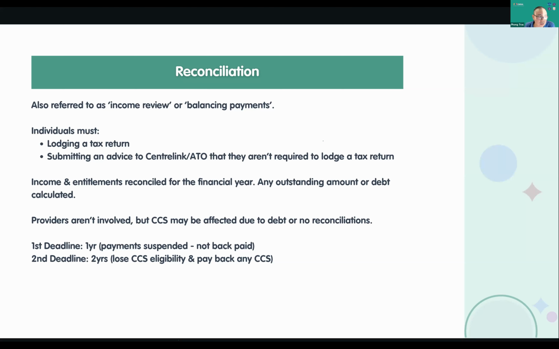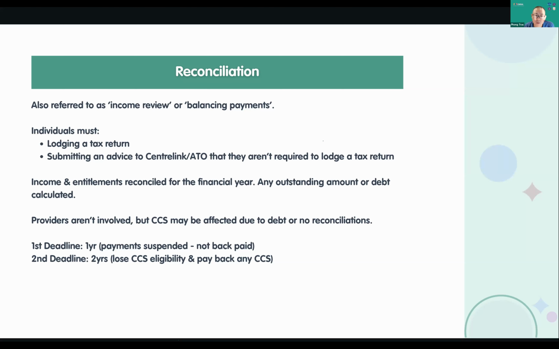Hopefully that makes sense. So just to sum that up, reconciliation as it pertains to services is more specifically for families. They just need to report their income at the end of each financial year by lodging a tax return.